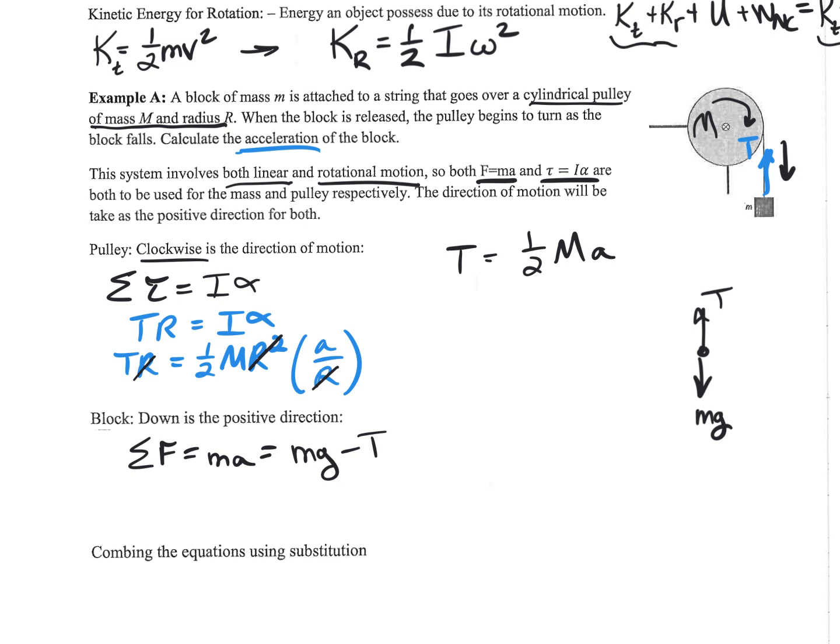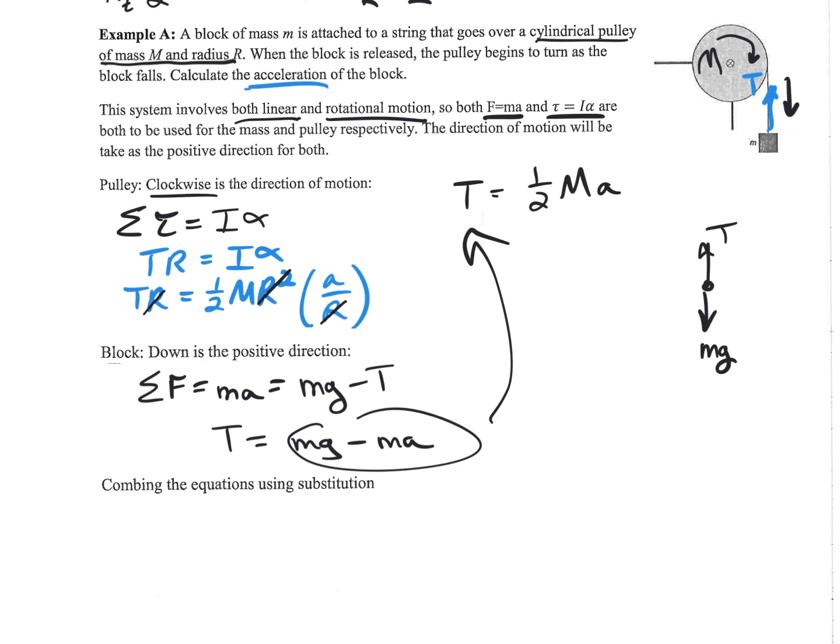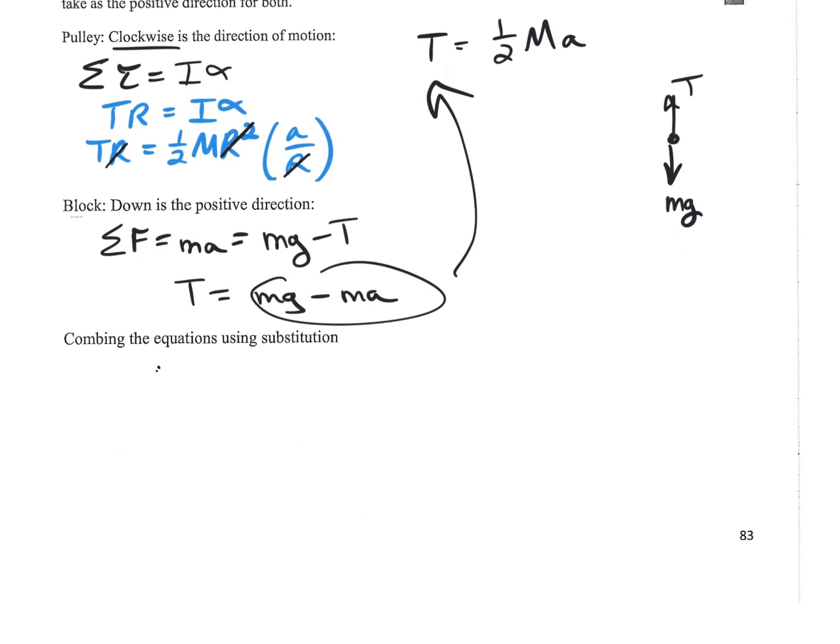Now we have to solve for tension. Tension is equal to little mg minus little ma. And now we take all of this and plug it in there. So we have 1/2 big MA equals mg minus little ma.